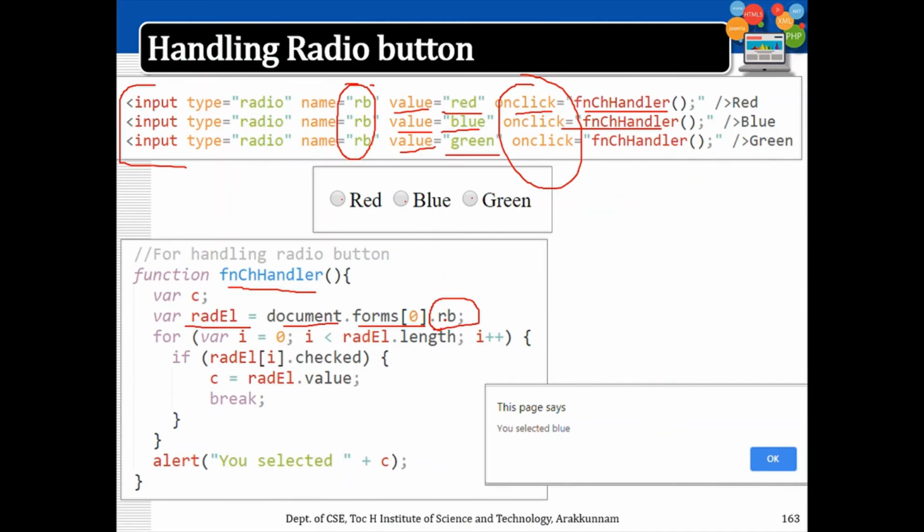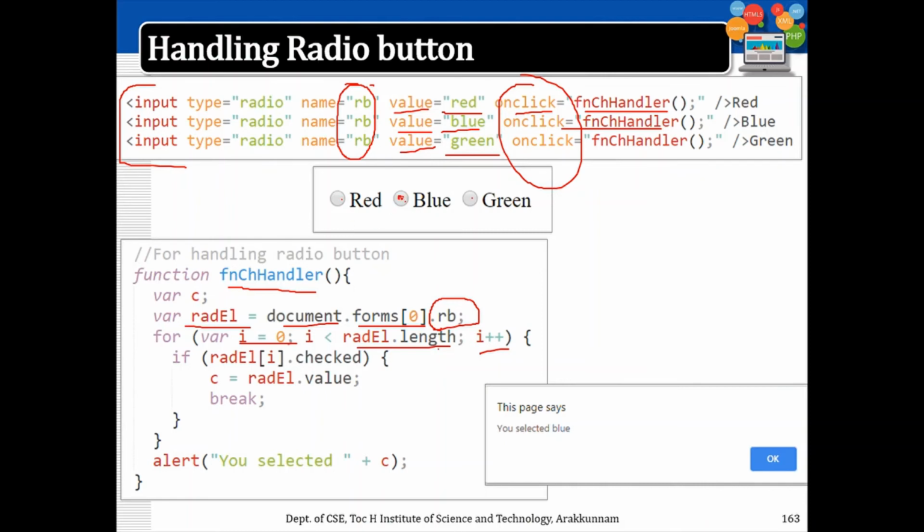So dot length gives you the total length. Using a for loop where i is equal to 0, i less than radEl.length, i plus plus, I have to then see which of these radio buttons is checked.